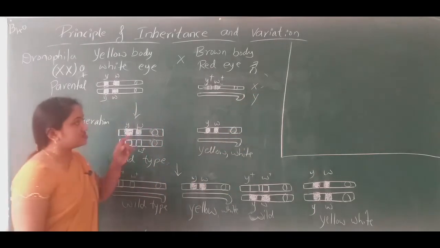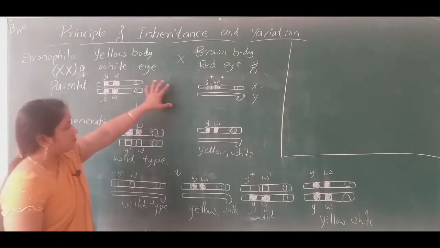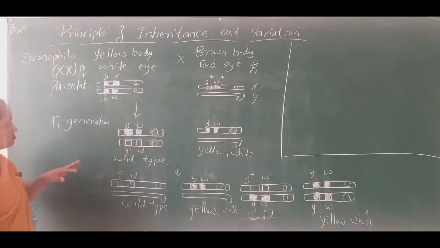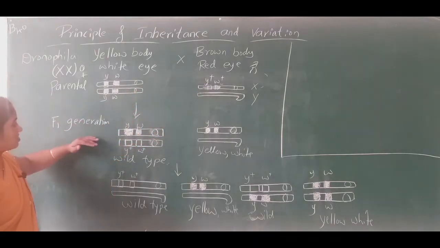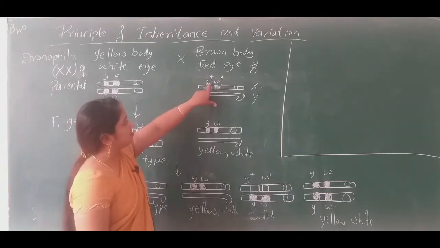This is considered as the Y chromosome. When we cross these two parents, the male and female Drosophila, what did we get in the F1 generation? One more thing I should tell here.